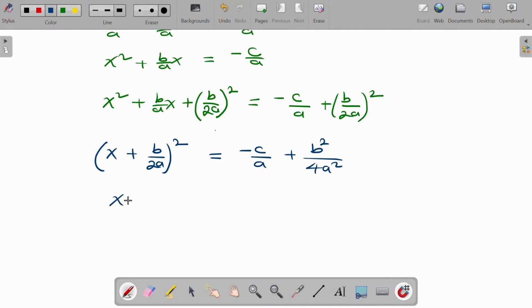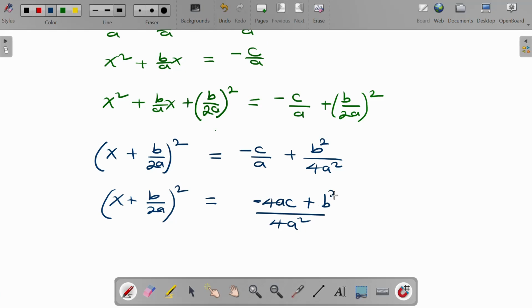So here we still have x plus b over 2a, squared, equaling, the LCM here is 4a squared. Then 4a squared divided by a, we get 4a. Then times c, we have negative 4ac, plus 4a squared divided by 4a squared, that's 1, times b squared, we have b squared.